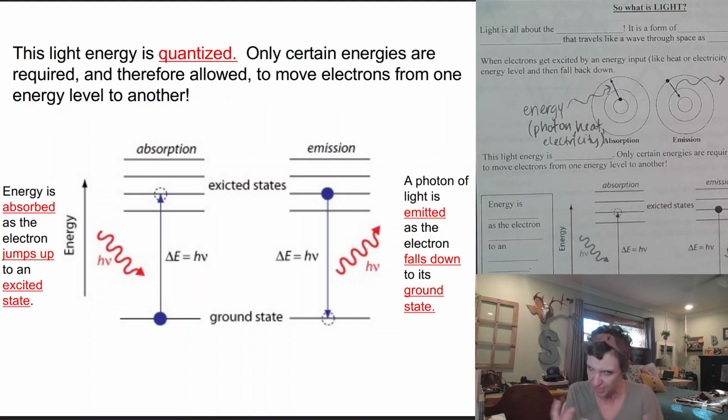It's got to be a certain specific wavelength that will get an electron from one energy level to another. Okay, the term for that, little chunks of only specific required energies, is called quantization. So this light energy is quantized. So only certain energies are required and therefore allowed to move electrons from one energy level to another.